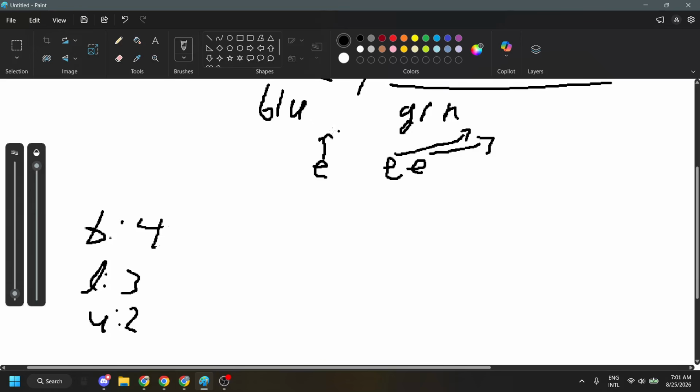So on this side, there are 4 factorial different places to put BLUE.